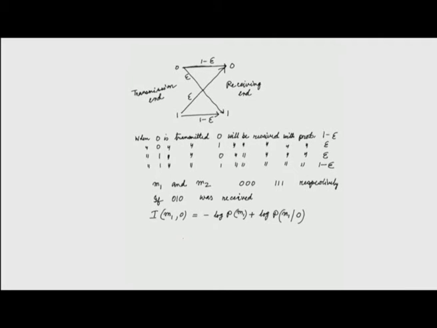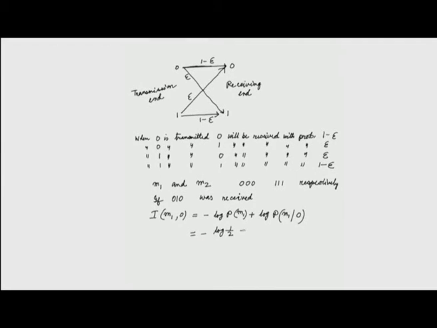So, this value we can calculate in this way. This minus log probability of M1 will be minus log half, because M1 and M2 are equally likely. So, there are two possibilities, M1 or M2, so that is why the probability will be half.